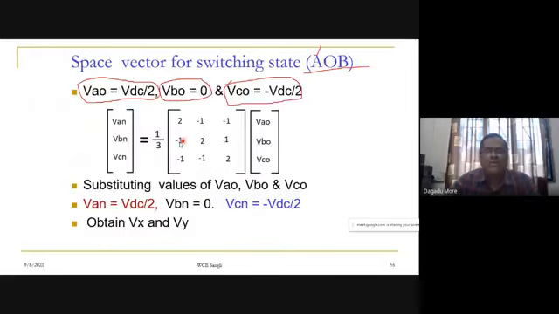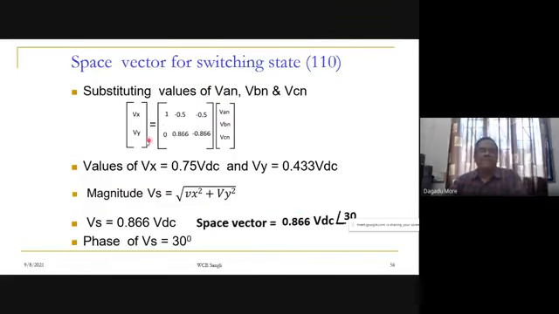Once we know Van, Vbn, Vcn, you put in the values. Vx will come out to be 0.75 VDC. Vy is this, and then we can get the magnitude of the space vector as 0.866 VDC, and the angle will come out to be 30 degrees. Okay, the phase of Vs will be 30 degrees.